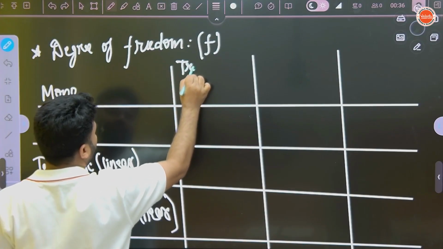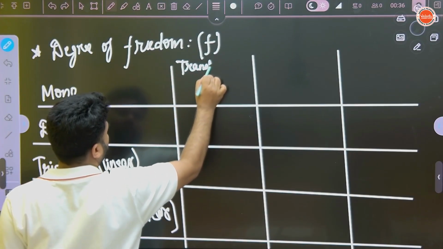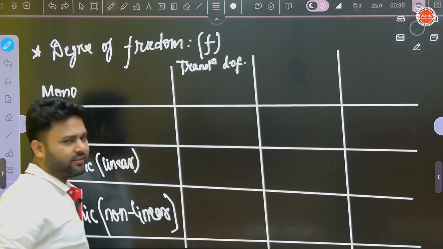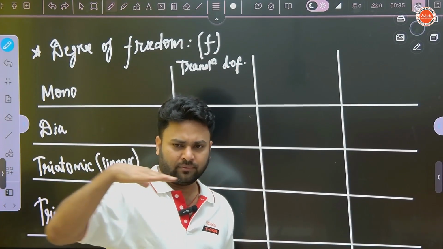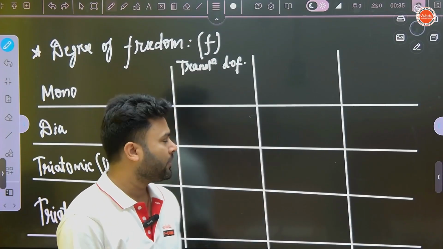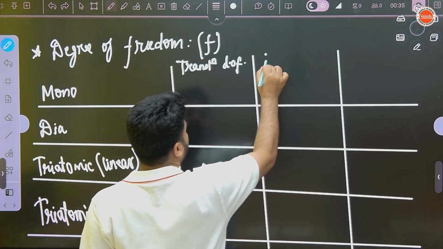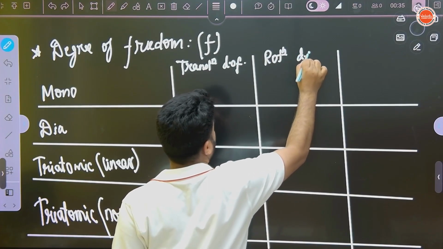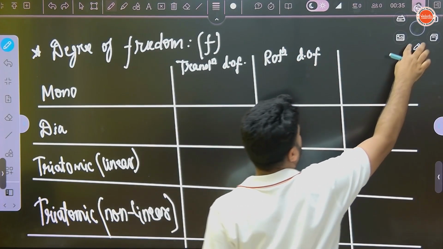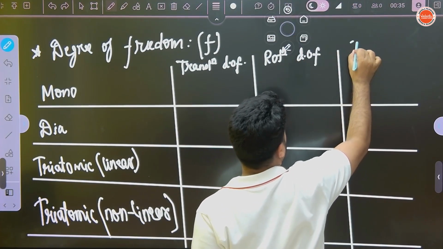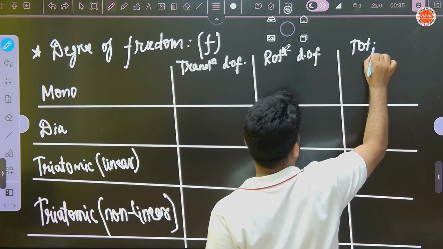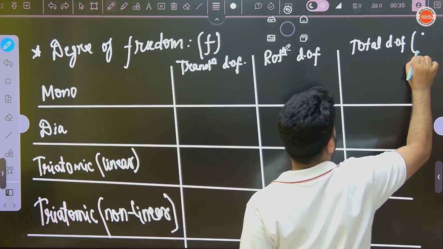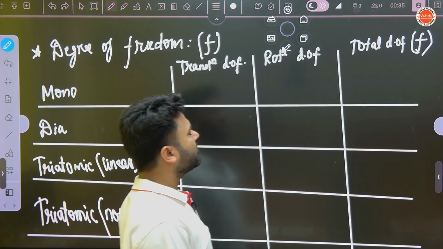Translational degree of freedom means in how many ways it can have translational motion, linear kind of motion. Then we have the rotational degree of freedom: in how many ways it can rotate. And then they ask for the total degree of freedom. This is very important. Total degree of freedom, we represent by the letter F.